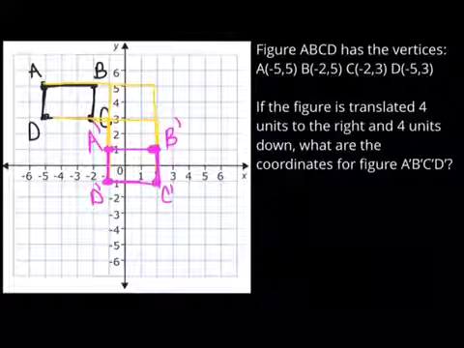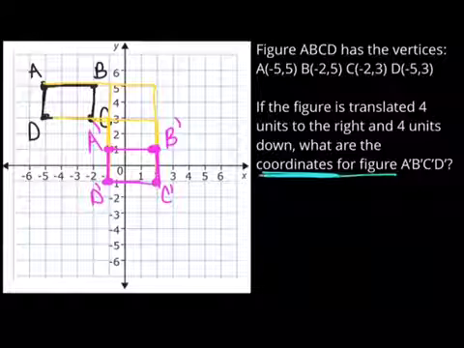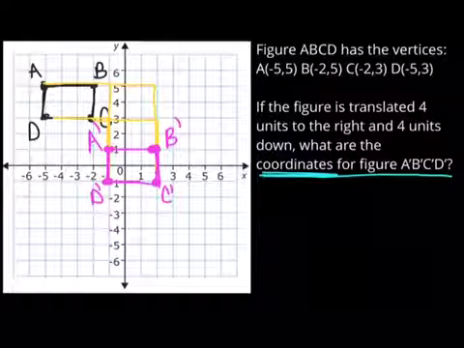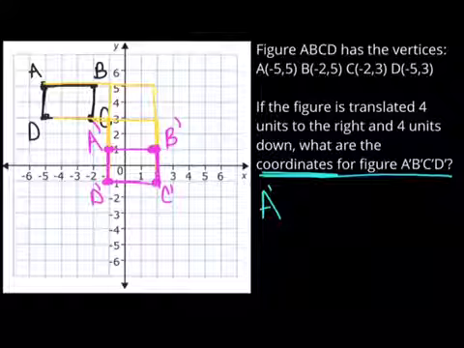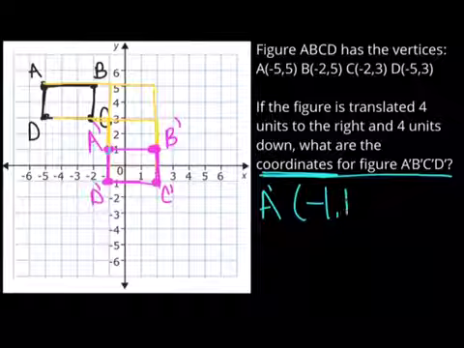No, I'm not. I'm not done because I still have to write the coordinates. Because remember, it doesn't want just the picture. It wants the coordinates for figure A prime, B prime, C prime. So, what was A prime? Okay, so I have to come over here, and A was at negative 1, 1. So I'm going to write A prime is at negative 1, 1.